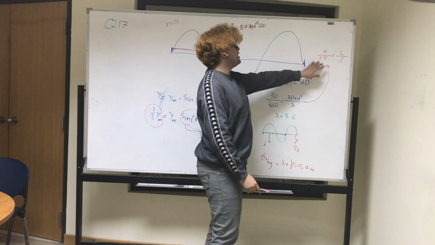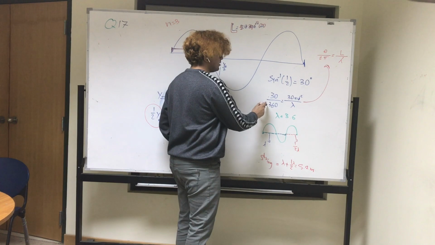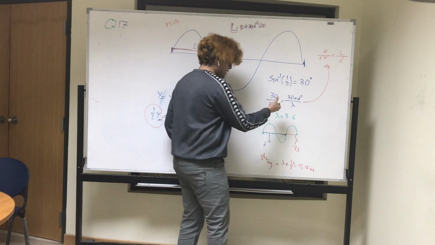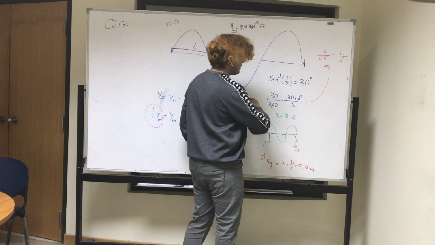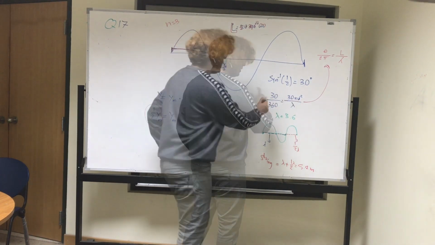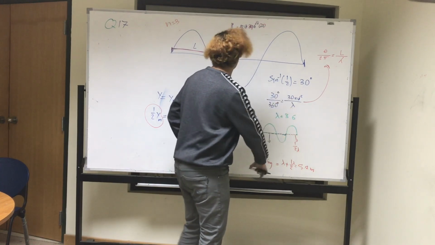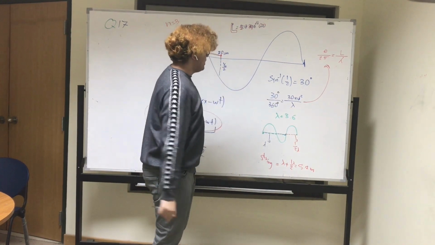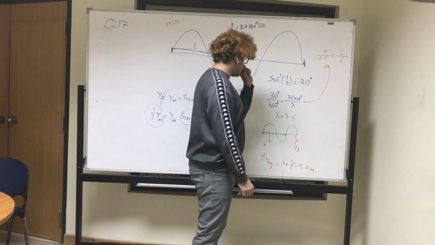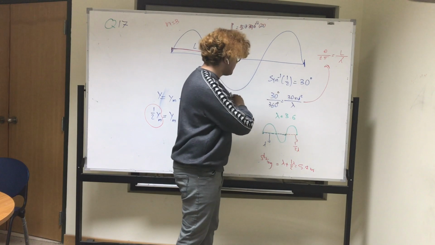So we could use this relationship right here that says that the angle over 360 is equal to the length over lambda. So when the angle is 30 degrees, the displacement is 30 centimeters, or 30 times 10 to the -2 meters. So if we solve for lambda, we get lambda to be equal to 3.6.